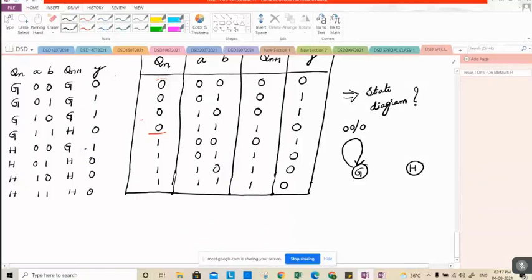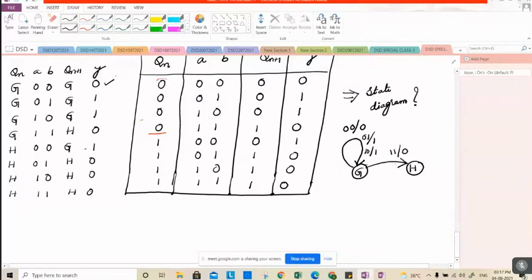If G is my present state and 0, 1 is input, the next state is also G with output as 1. For the third condition, if it is 1, 0, then also it is 1. For the fourth condition, it is moving on to the other state. Now it is 1, 1 by, what is the output here? 0. Right, 1, 1 by 0.